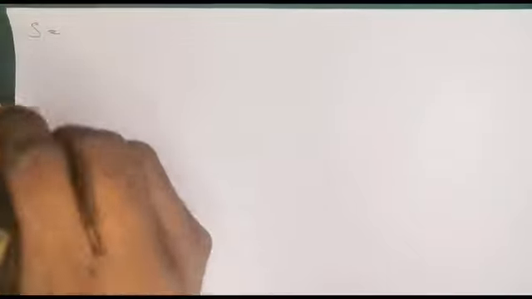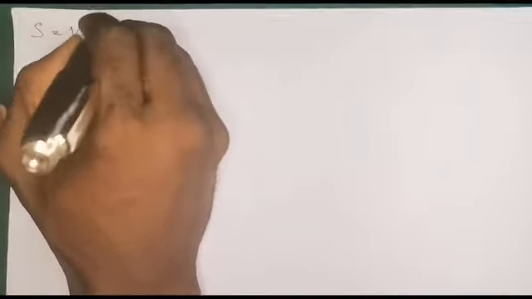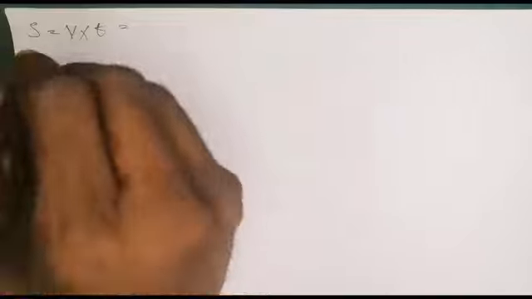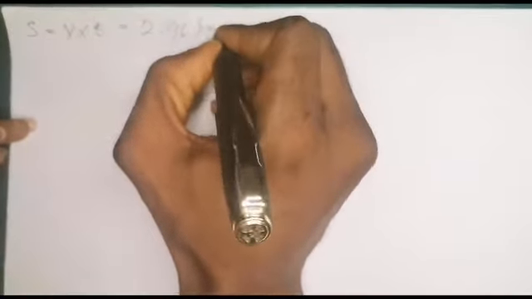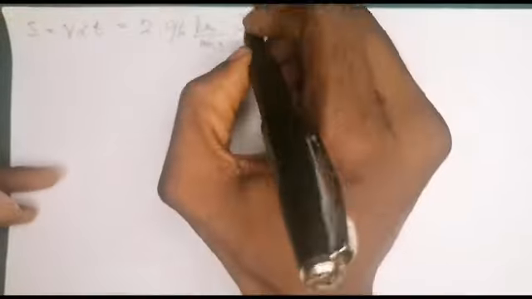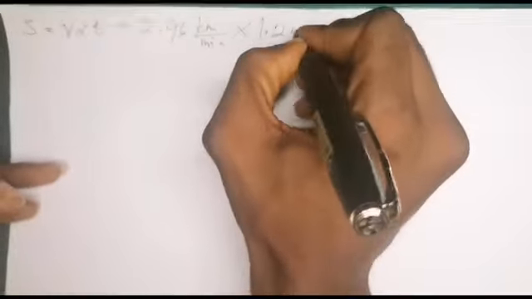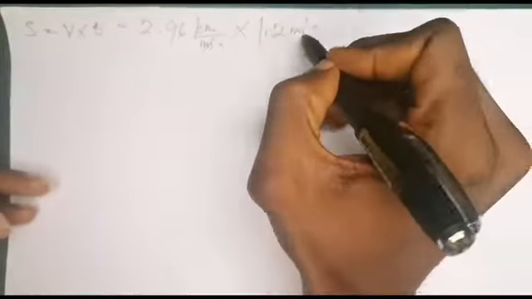So the distance covered is going to be equal to the velocity which we obtained so far multiplied by the time. We obtained our velocity to be 2.96 kilometer per minute. Now multiply by the time given there, 1.2 minutes, right? So minutes cancels minutes.